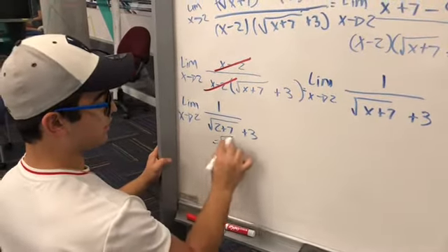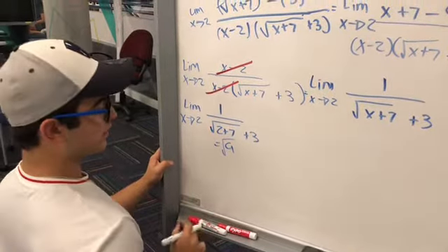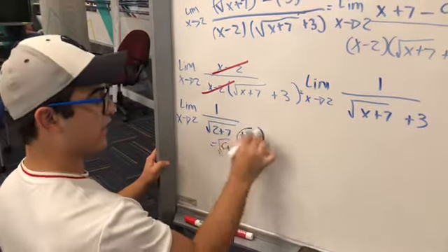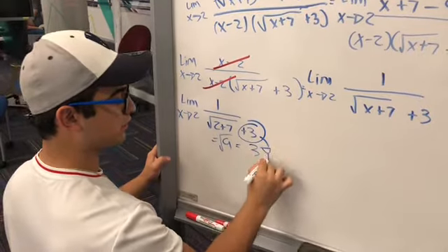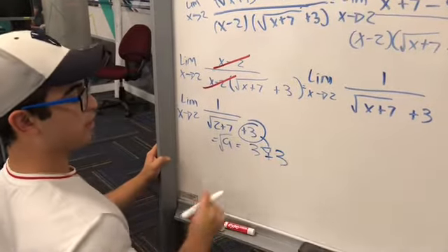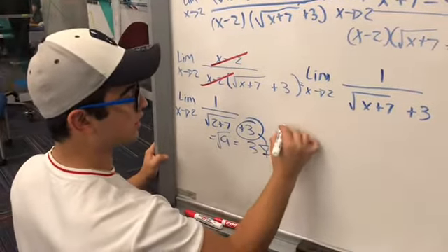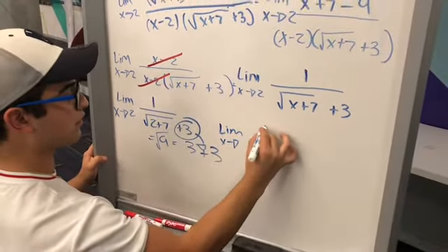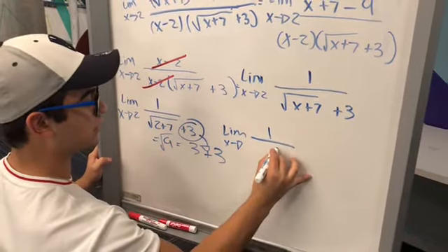So the square root of 9 is equal to 3. And you add this 3, and you will have on the denominator the limit of x approaching 2 of 1 over 6.